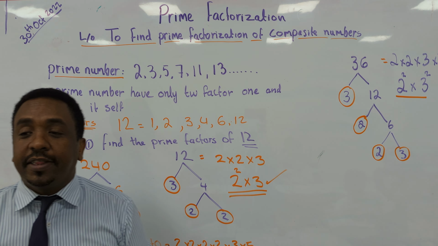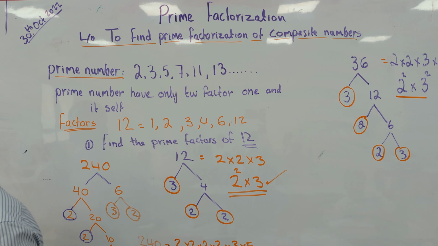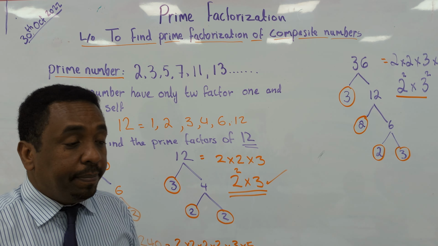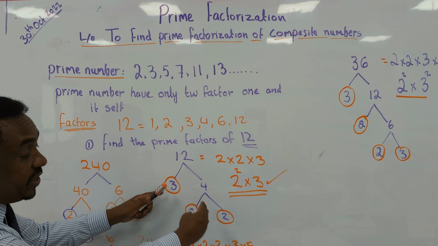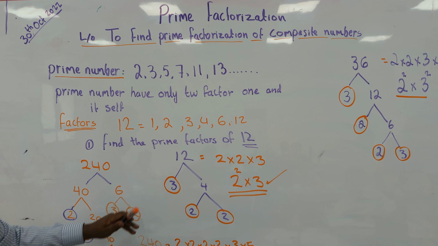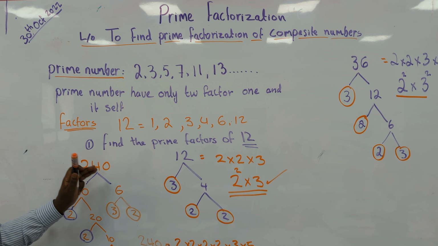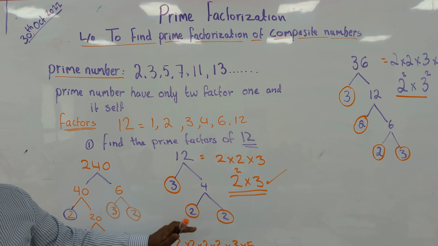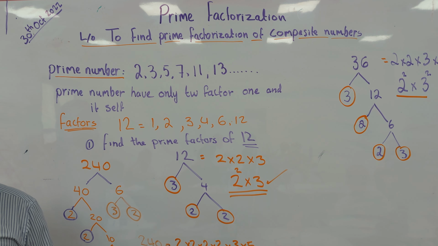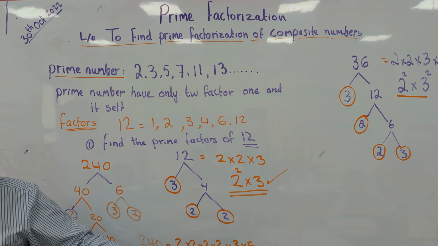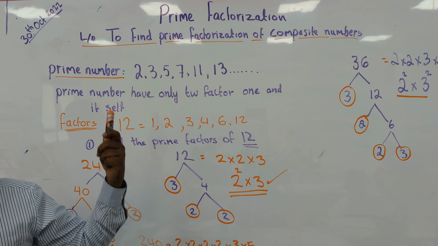Do you guys get that? Great. So this is how we find the prime factorization. This is the way we do it, and when we get the final answer, we can put it in exponent form. Do you guys understand that? Does this make any sense to you now? Good. So just quickly to recap, we know what the prime numbers are.